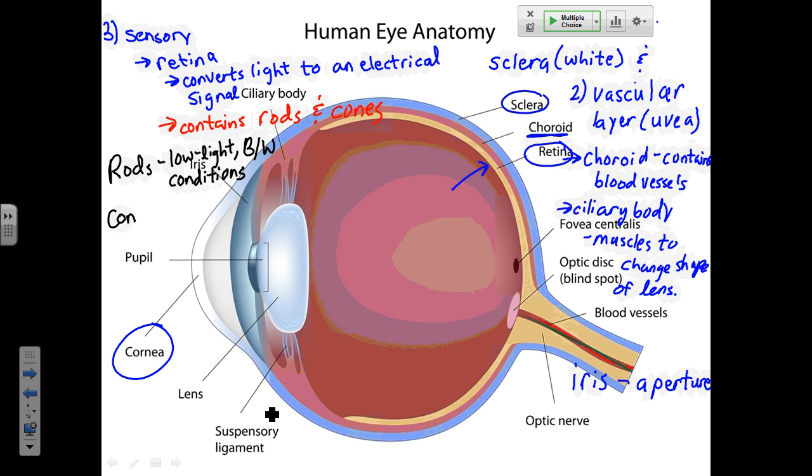And cones are for high light. Not sure if that's the right term, but when you have lots of light, very bright lights, colored conditions.